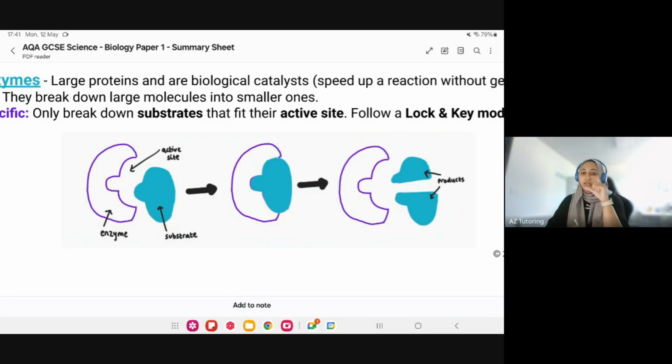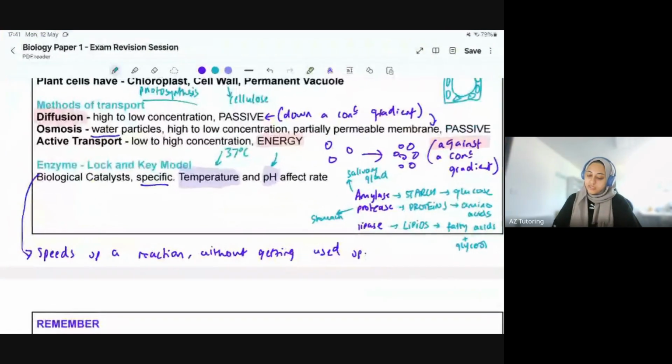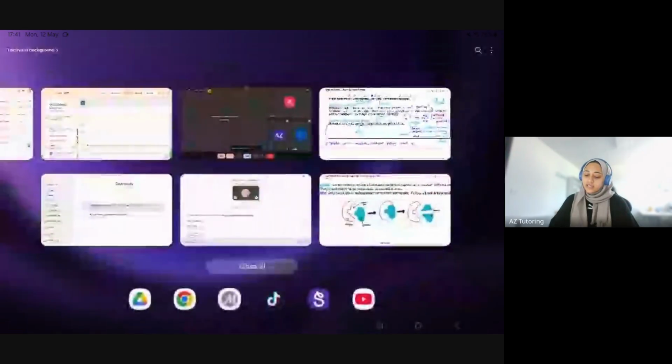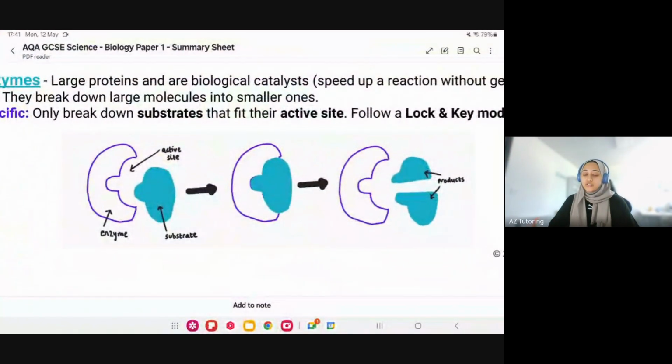So the active site is the shape on the enzyme where the substrate is binding to, and that's what makes it specific. So we said all enzymes are specific to certain molecules of starch, proteins, lipids. That's the reason why, because they've got a specific active site. And it's when this active site denatures, so it changes shape, that causes the issue.